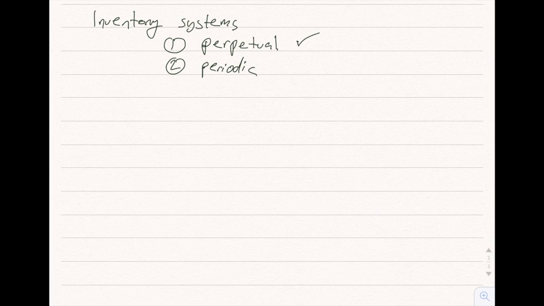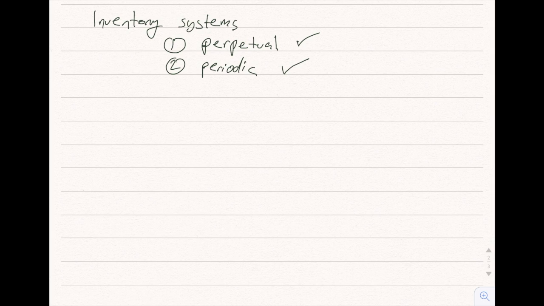So that's perpetual. Periodic is almost something out of the Middle Ages, because in this system, the business does not keep an up-to-date record of inventory during the year, right? It's only at the end where employees do an actual physical count of the goods that are left, and then that's how they know what's in ending inventory.